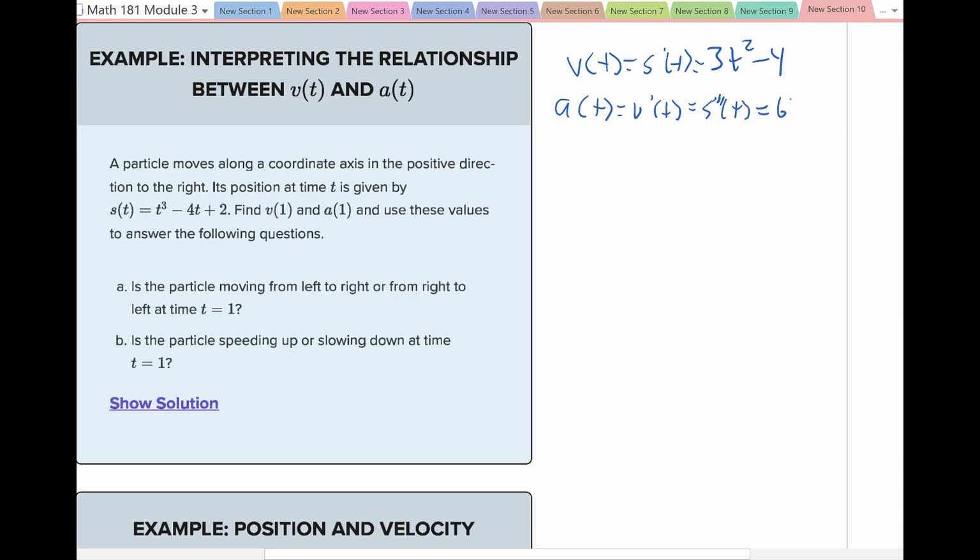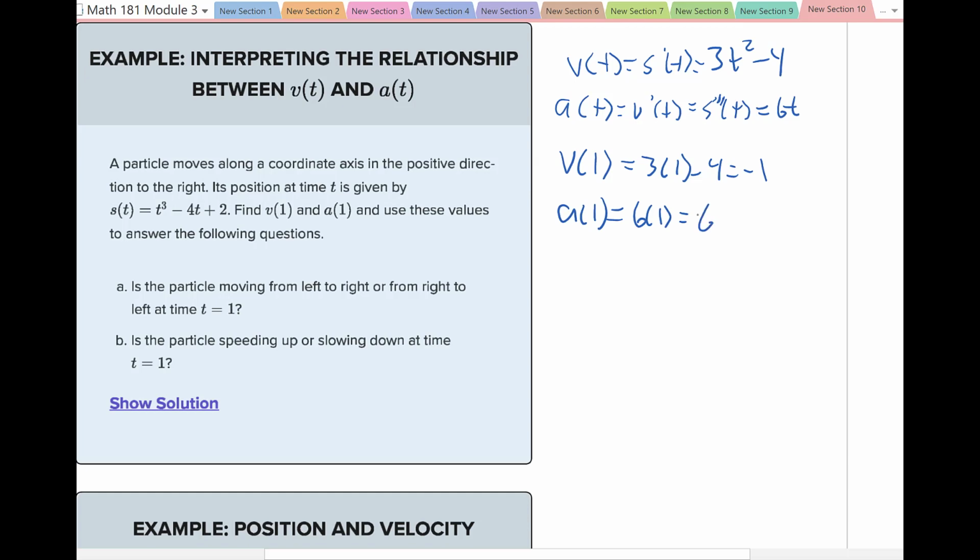And that's going to be 6t. So our velocity at 1 second is going to be 3 times 1 minus 4, which is negative 1. Do they give us units? I don't see units, so negative 1 unit of distance over the unit of time. Acceleration at 1 second is going to be 6 times 1, which is 6.